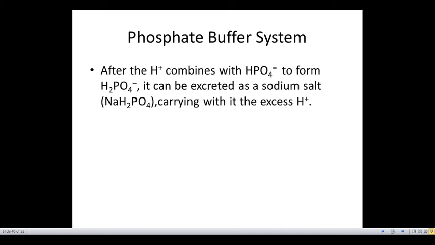After the hydrogen ions combine with the hydrogen phosphate ions to form dihydrogen phosphate, it can be excreted as a sodium salt, carrying with it the excess hydrogen ions.